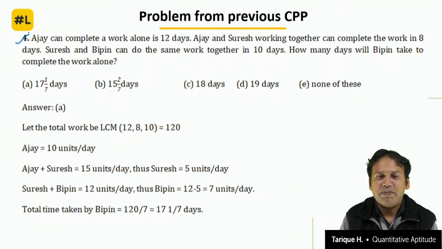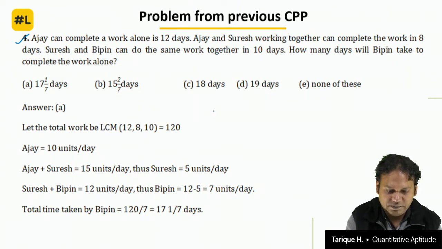How many days will Bipin take to complete the work alone? So see here, Ajay is taking 12 days, Ajay and Suresh, so A plus S, can complete the work in 8 days, and Suresh and Bipin can do the work in 10 days.